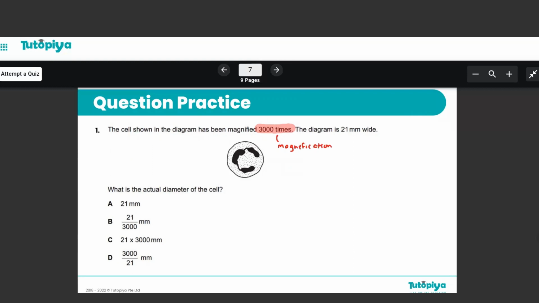And the diagram is 21 millimeters wide, so the diagram is obviously the image size. They are asking what is the actual diameter of the cell. So they've given magnification and image size, and they are asking us for the actual size.